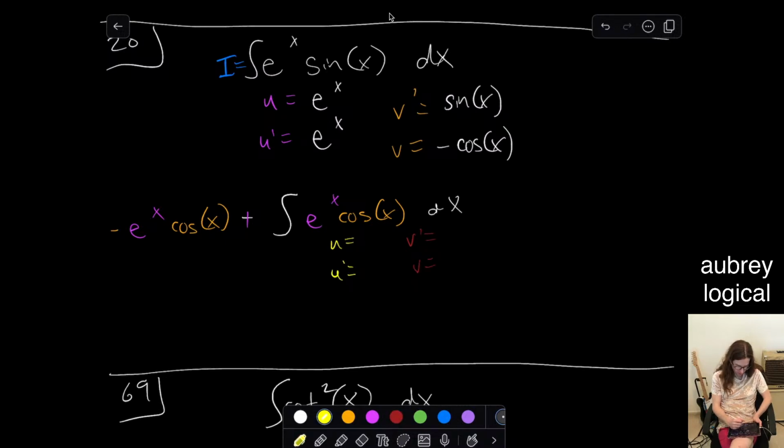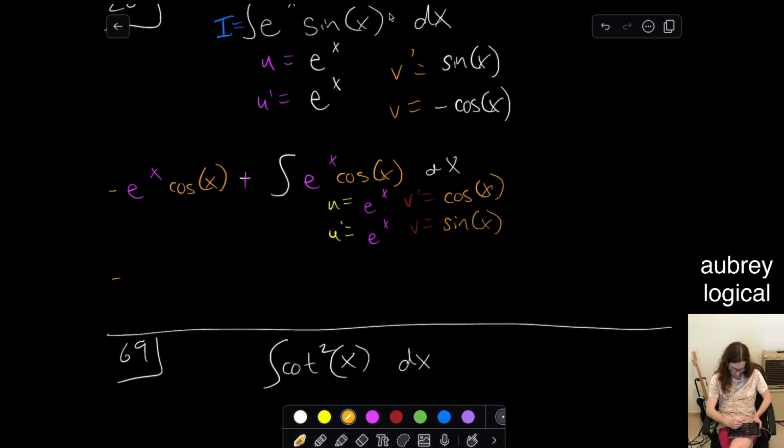We just go ahead and pick the same thing. e to the x, e to the x, cosine of x. Cosine of x turns into sine of x.